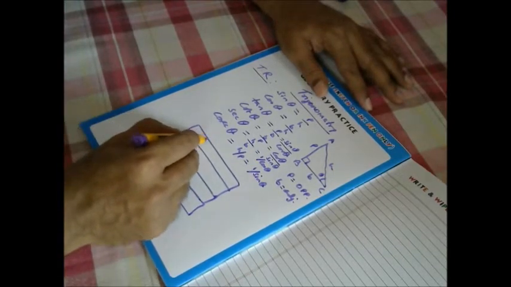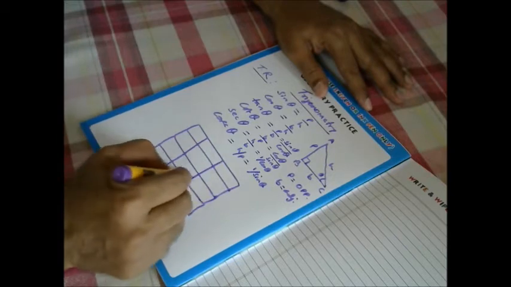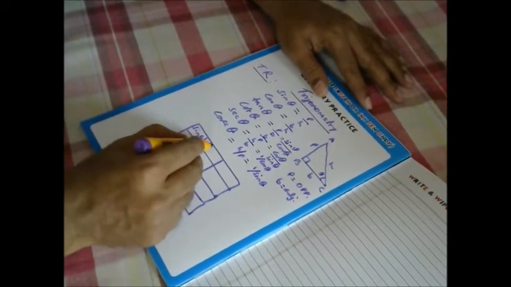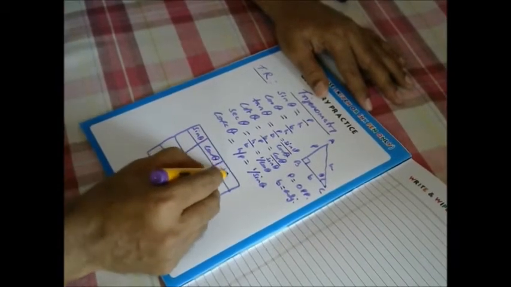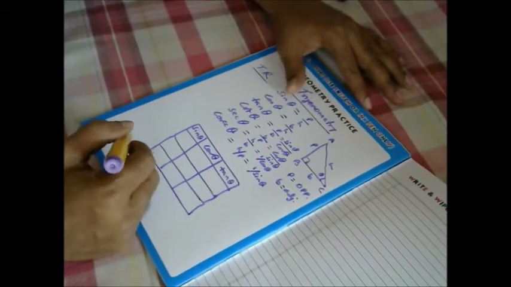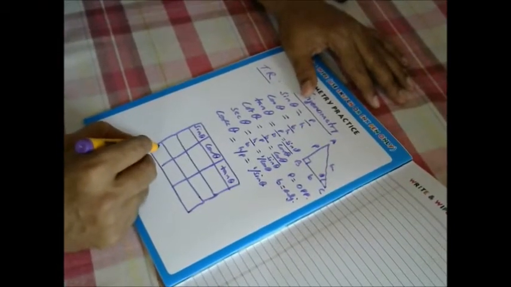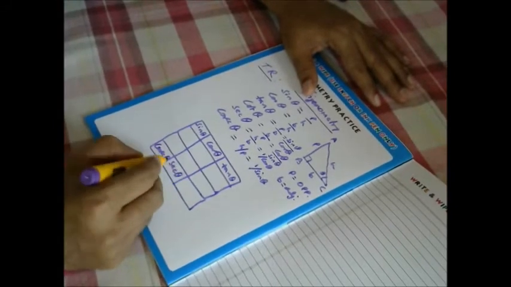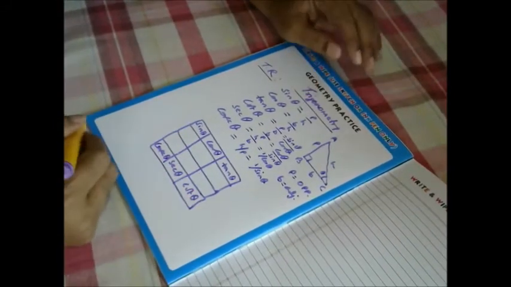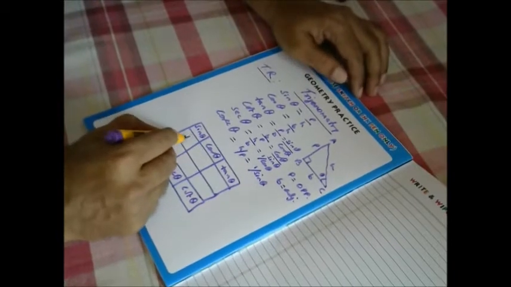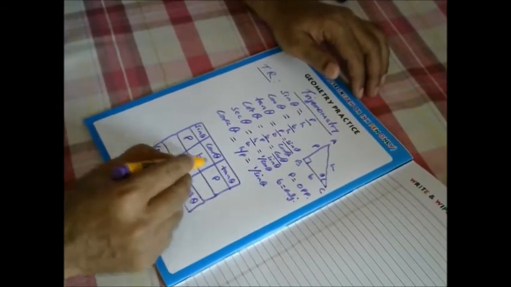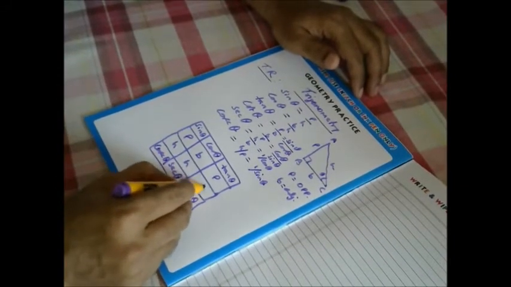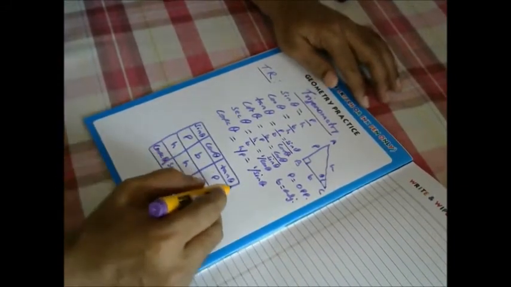Here we will write sine theta, here cos theta, here tan theta, and here cosecant theta, here secant theta, here cot theta. And we will write Pandit Badri Prasad. Har har bole.